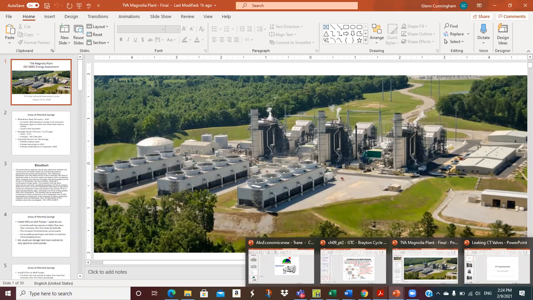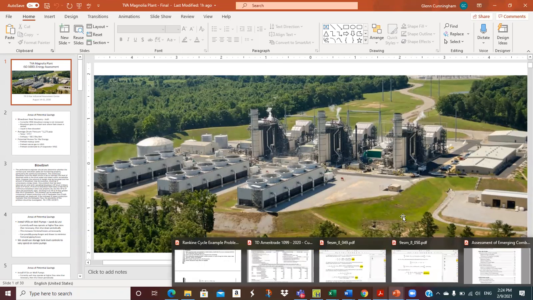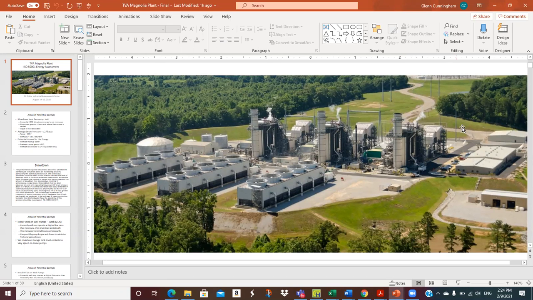Let's see, what else do I want to show you? Okay, well, before I go away from this. When you operate this gas turbine cycle in the summertime, what you find is that as the temperature goes up outside, the density of the air goes down, right?